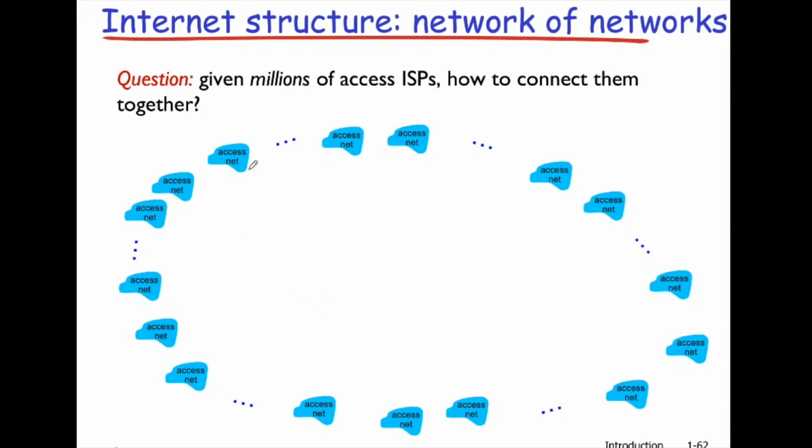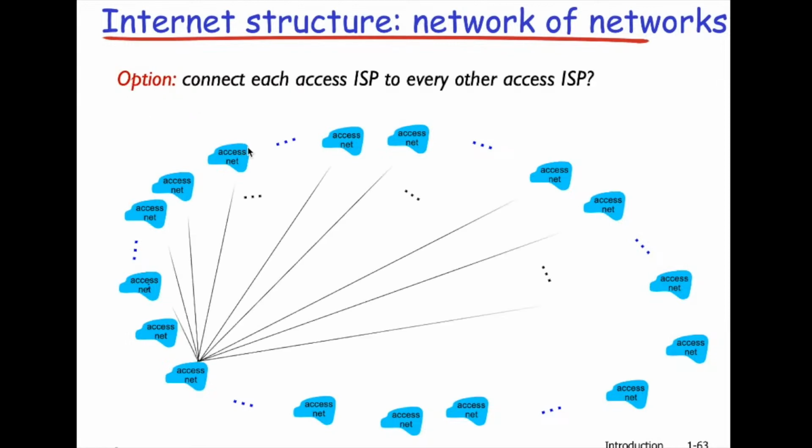What I'm drawing here is a bunch of these access ISPs, or I call access nets here on this figure. Let me just omit drawing the end systems because there's just going to be too much of them and the picture gets too messy. So the first thing the internet engineers are thinking is this: how are we going to interconnect these guys?